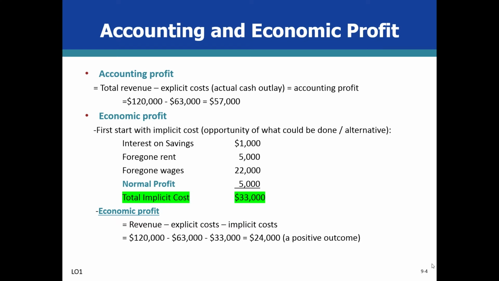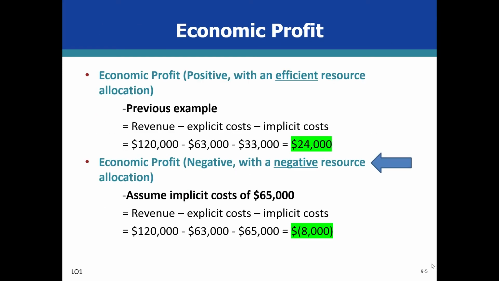That the current business is a better alternative than the next best alternative for using the resource. Economists would also say that resources are being allocated efficiently. There is no better alternative for the resources than how they are currently being used to make T-shirts.